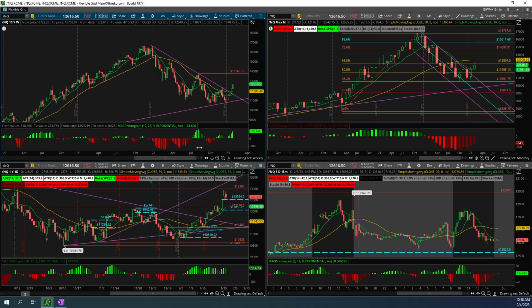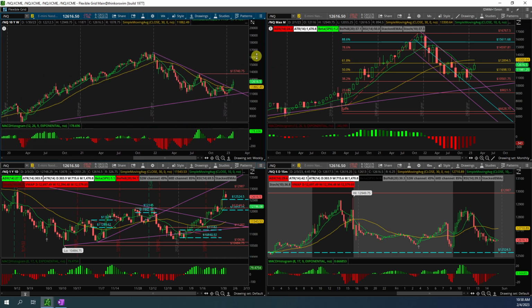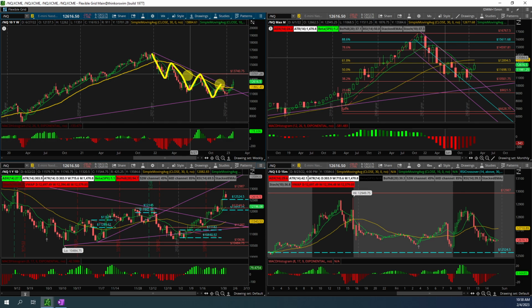So on the weekly, I don't have that much marked in here, but you see we do have a support area, and we were making lower highs and lower lows, and then formed again a lower high, and then a higher low right here, and then it's coming back up, and now it's threatening that area there, and it seems that it wants to move to the upside and then face the next level of support, which is going to be 13,740.